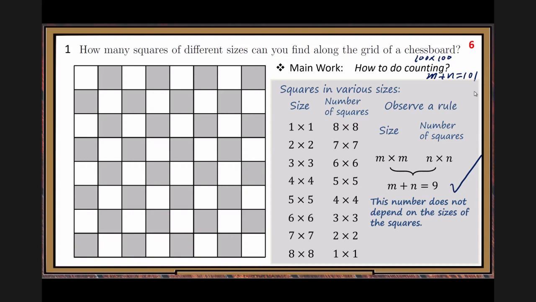Would you just take 101 minus 37? M is 37, not n. M, size 37 by 37. We look at the size, 37 by 37 as the size.